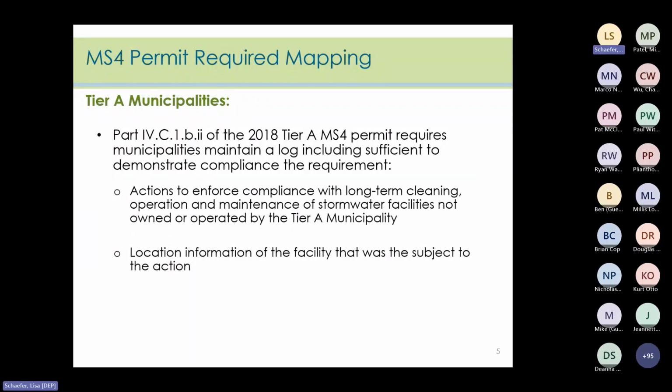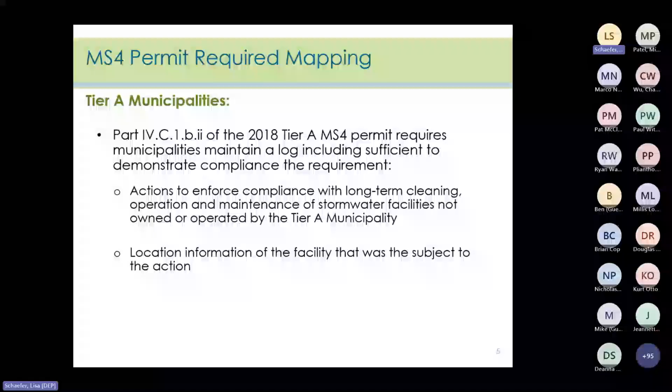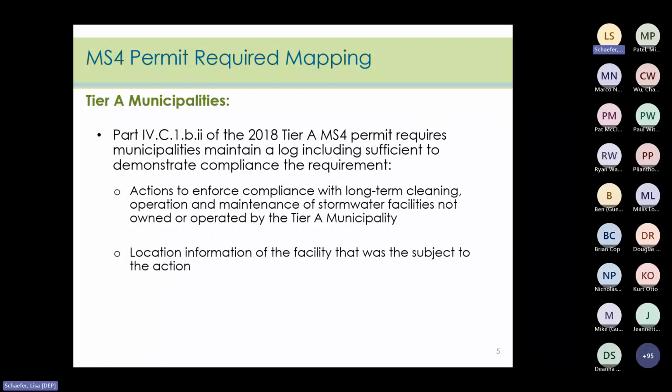TRA municipalities shall also ensure responsible parties of stormwater facilities not owned or operated by the TRA municipality perform the required maintenance. The permit condition requires municipalities to maintain a log sufficient to demonstrate compliance with the maintenance requirements of privately owned or operated stormwater facilities. And the log is required to show actions taken by the municipality to enforce maintenance.